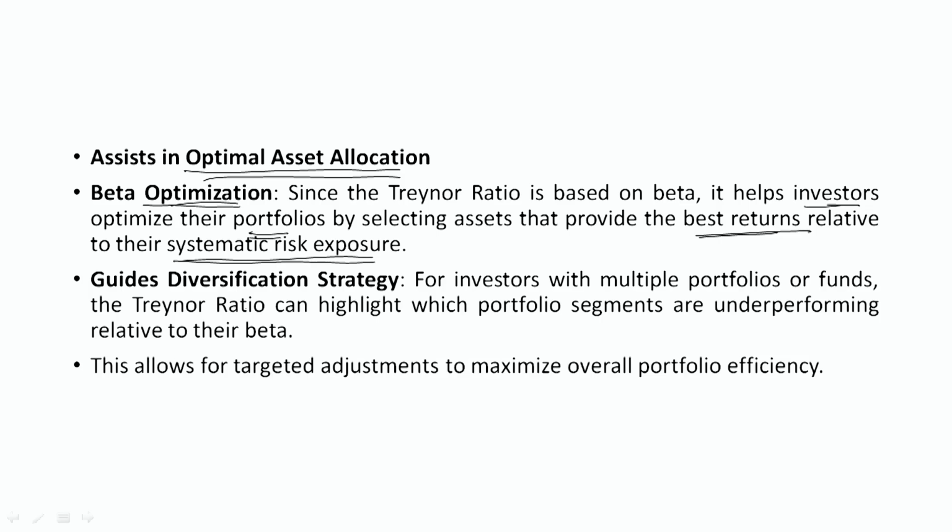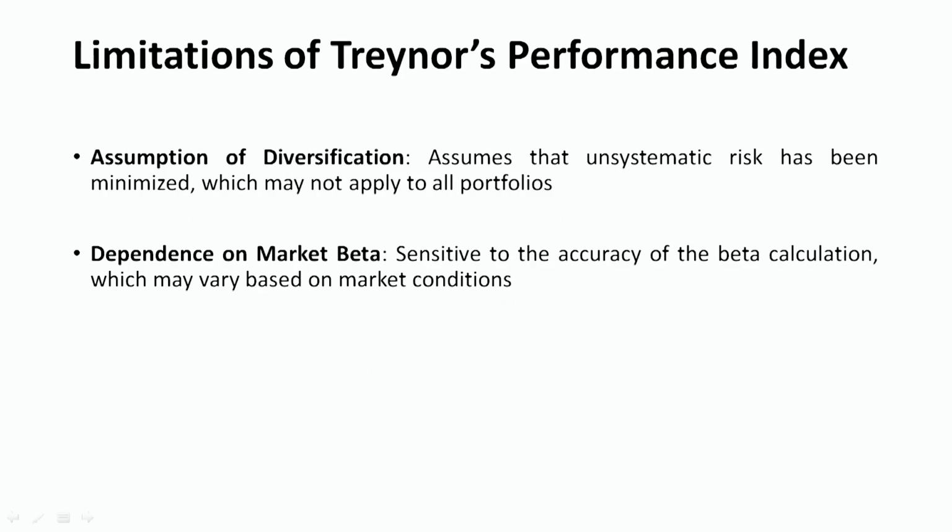And it also helps me in a diversifying strategy, where I can think about multiple portfolios being constructed for a particular category of investors having different risk levels. Okay, so multiple portfolios for one category of investors having different risk levels, I can do it, and accordingly I can see based on Treynor's ratio whether the portfolio is underperforming or overperforming in relation to beta.